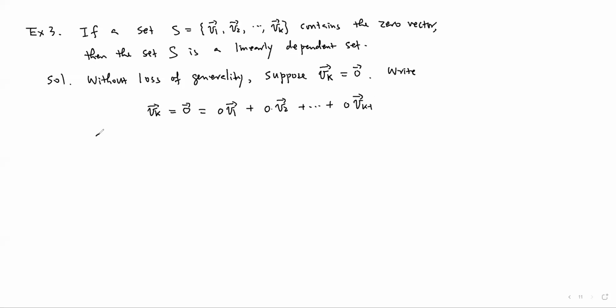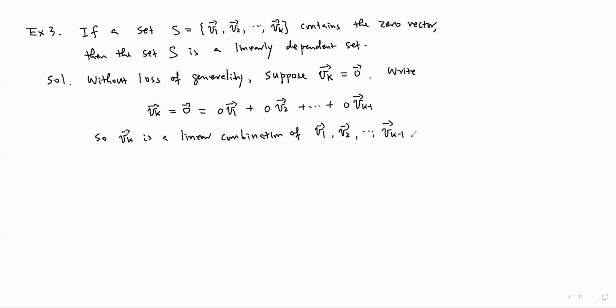So Vk is a linear combination of V1, V2, to Vk minus 1.